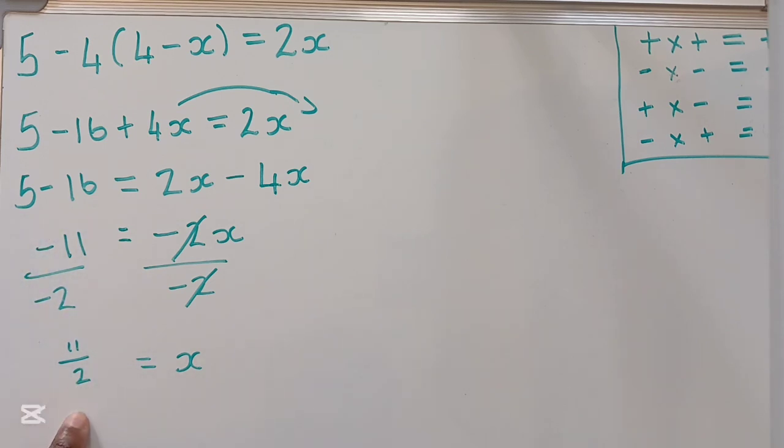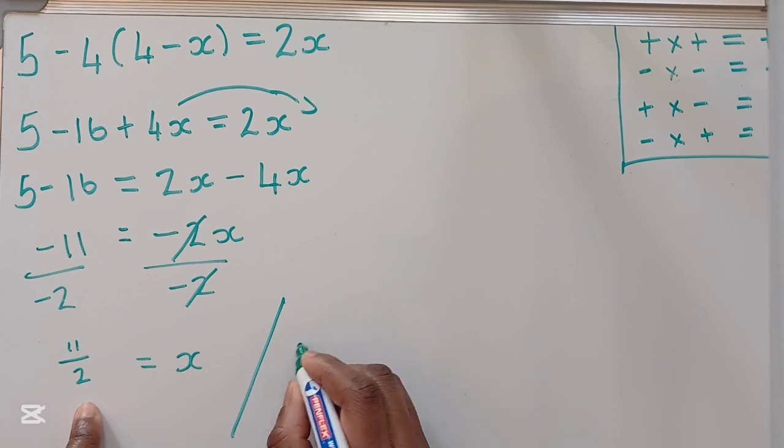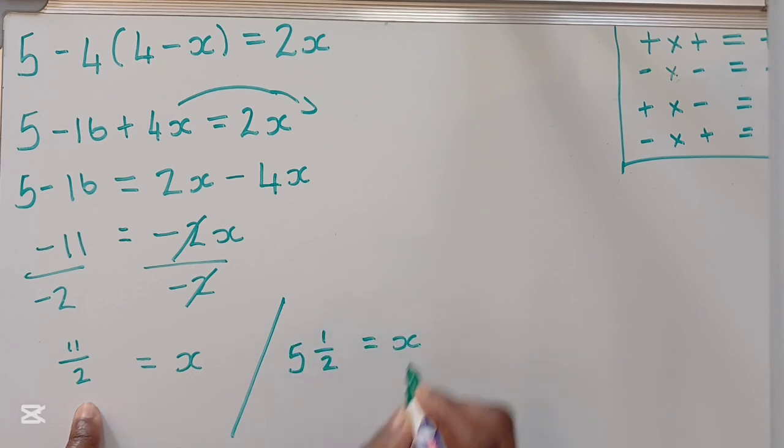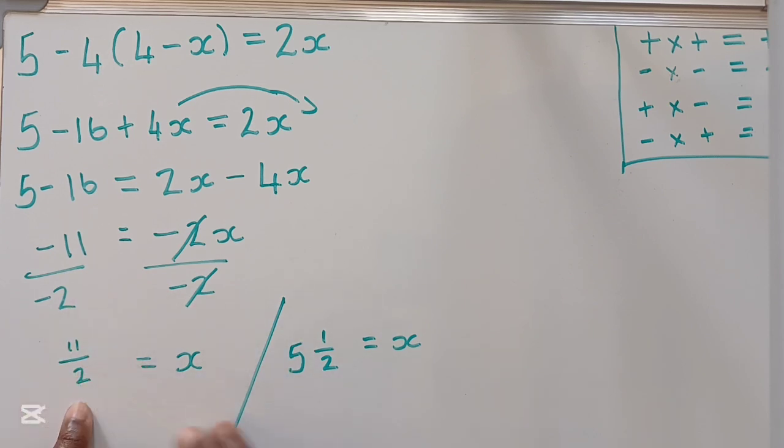You can decide to put that 11 over 2 into mixed fraction form, and then it will be either 11 over 2 or 5 and 1 over 2 is equal to x. So this is the mixed fraction form and this is the improper fraction form. But let's leave it in the improper fraction form.